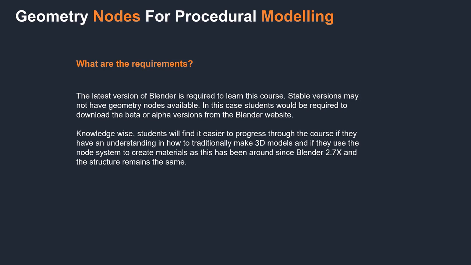Knowledge-wise, students will find it easier to progress through the course if they have an understanding in how to traditionally make 3D models and if they use the node system to create materials, as this has been around since Blender 2.7x and the structure remains generally the same.